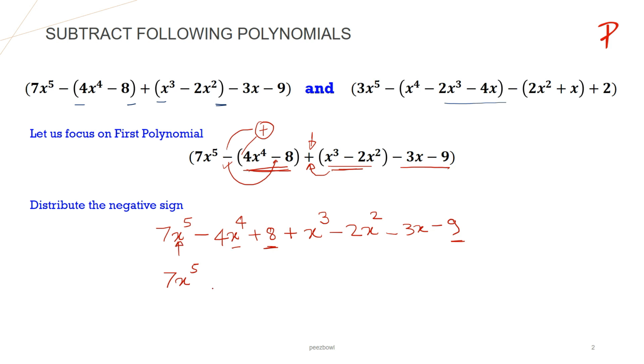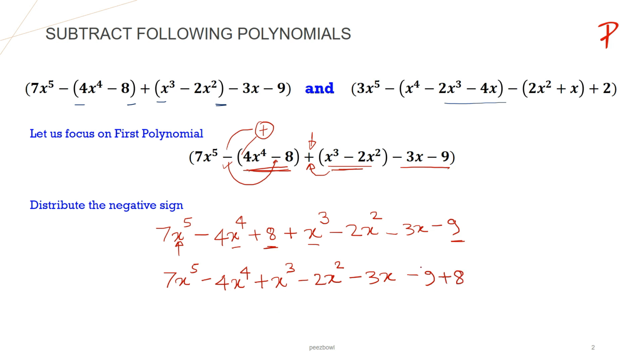After that we have minus 4x to the power 4. Plus 8, I am going to move it at last with minus 9. Then after that we have plus x cube minus 2x square minus 3x, right? And all these terms are arranged in descending power of x, right? So here we have minus 9 and this plus 8 will come after minus 9, right?